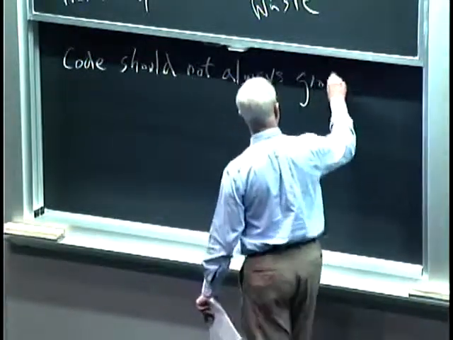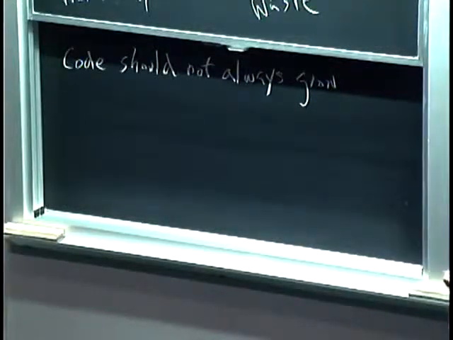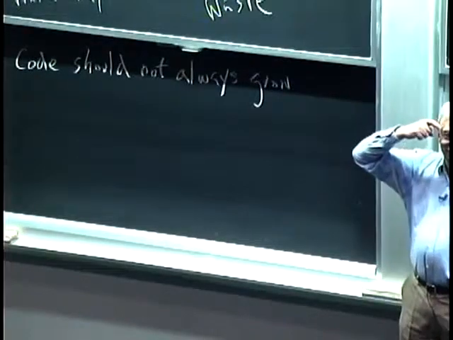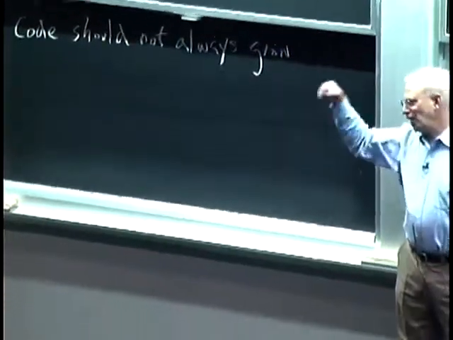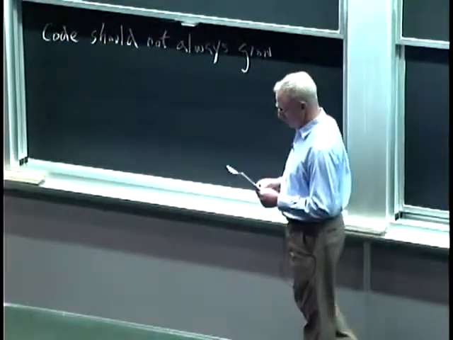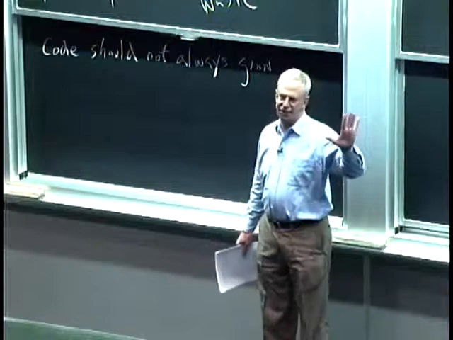We all have a tendency to fix code by adding code, and the program just gets bigger and bigger and bigger. The more code you have, the harder it is to get it right. So sometimes what you need to do is pull back and say, well, let me just tidy things up.